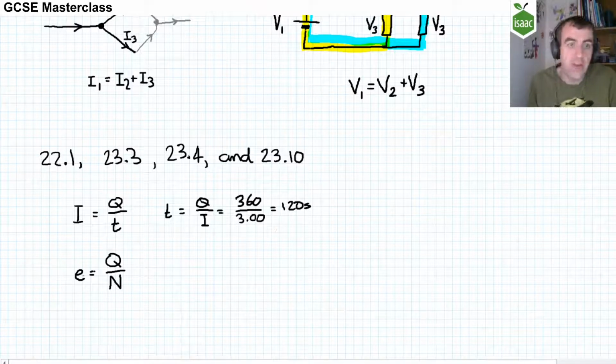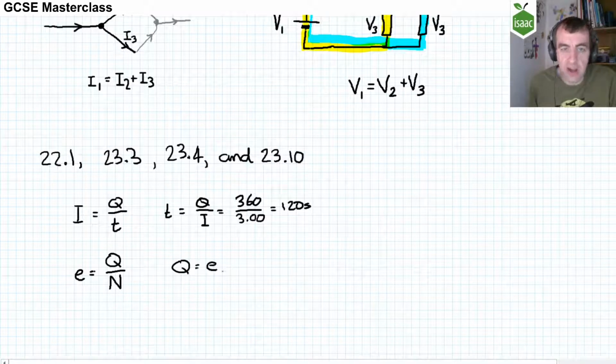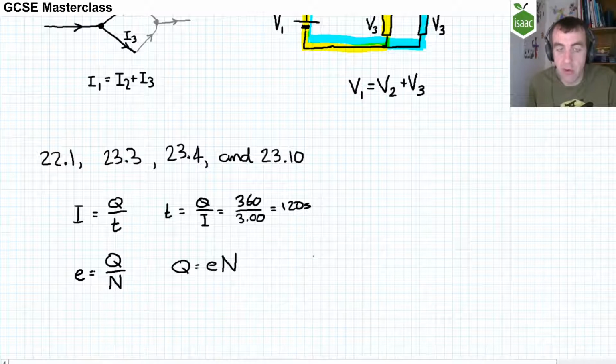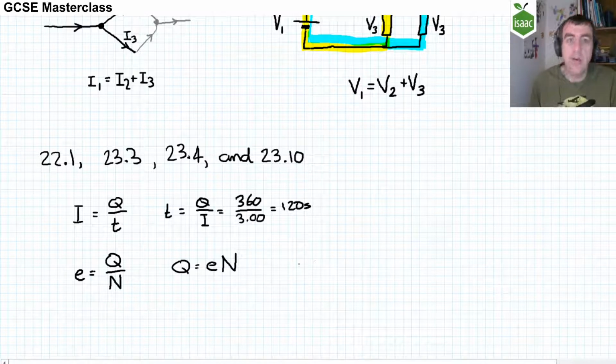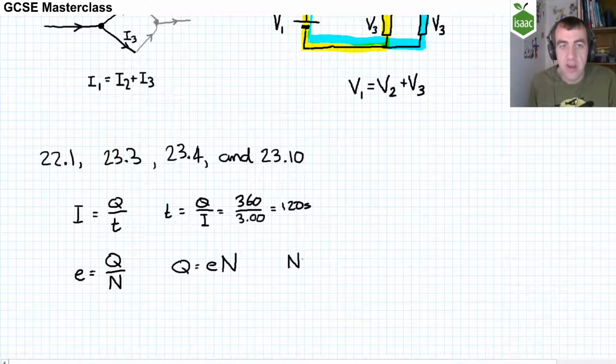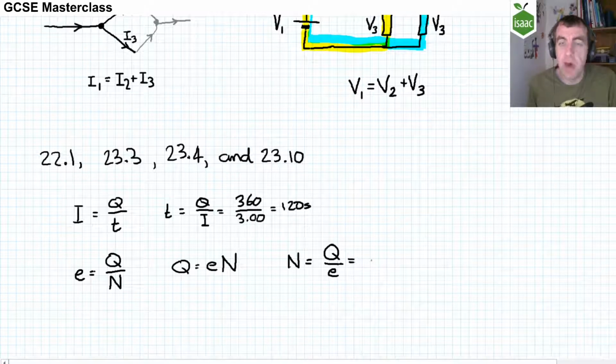Another way of writing this is that the total charge is the charge on one electron multiplied by the number of electrons. We're interested in the number of electrons, so if we divide that second equation through by E, the charge on the electron, we get the total charge that flows divided by the charge per electron is the number of electrons.